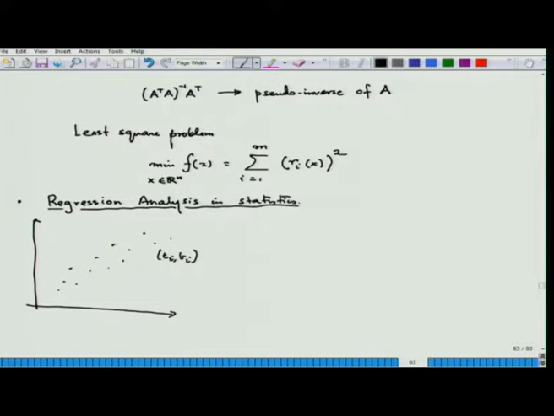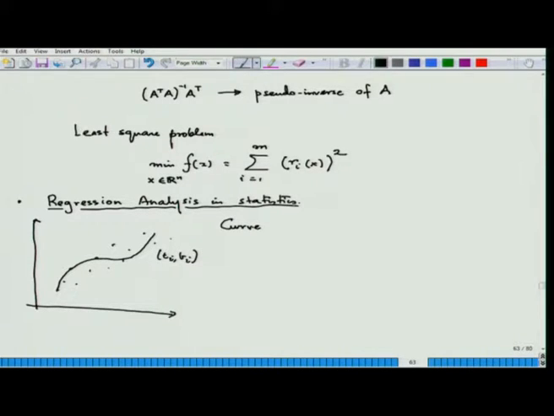Now, what sort of curve will it fit? Can I fit a straight line to explain the relationship between Ti and Bi, that is whether Ti and Bi have a certain relation, or there is some curve like this that will be a better fit. So, there is a whole subject called curve fitting, and that is also useful in statistics. That is exactly what you do in regression analysis.